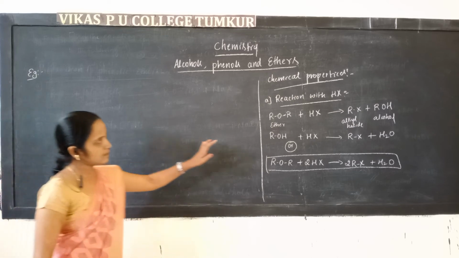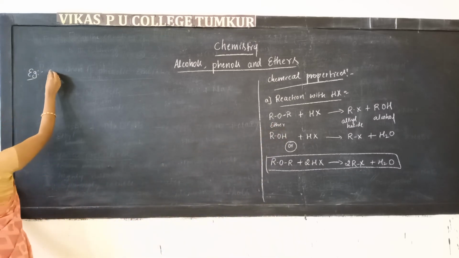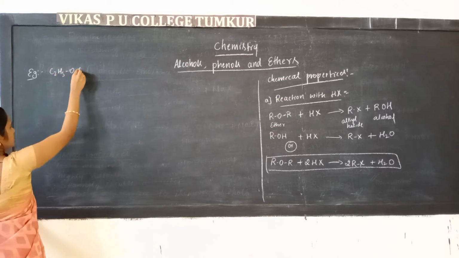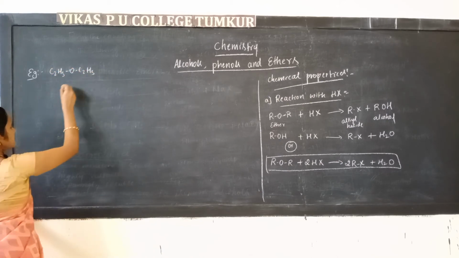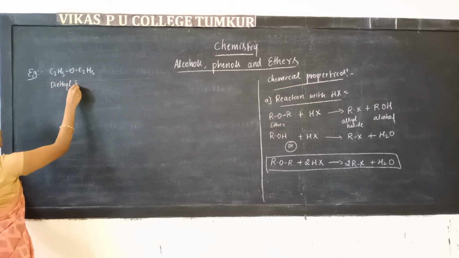Instead of ether, we are going to take diethyl ether. The diethyl ether we can write as C2H5OC2H5.